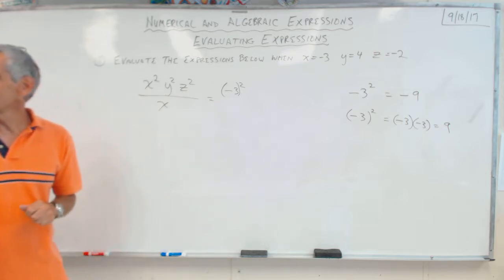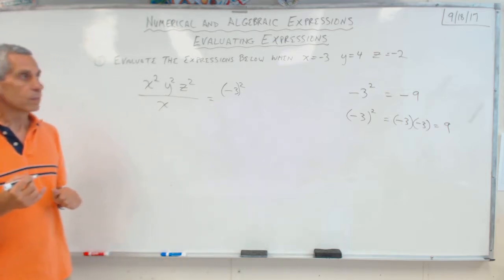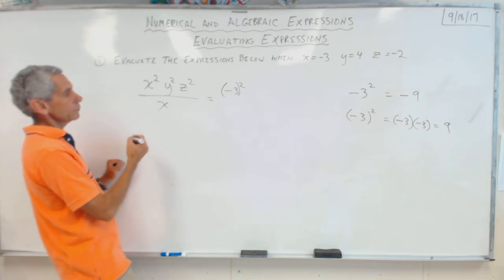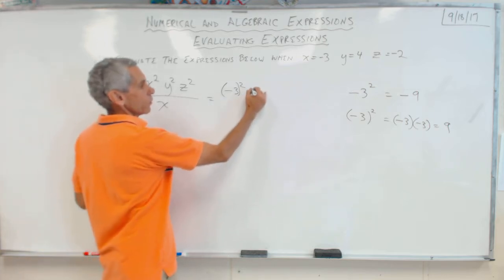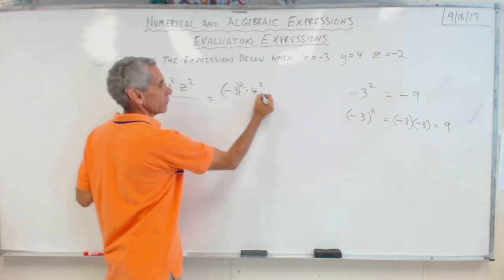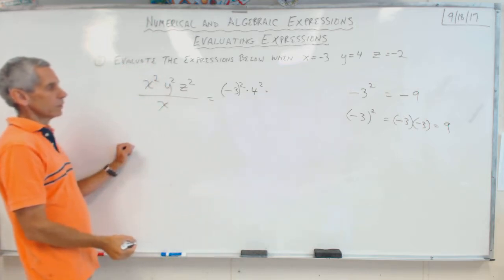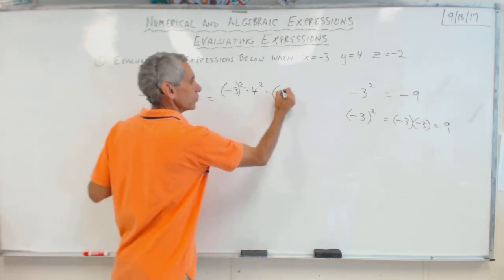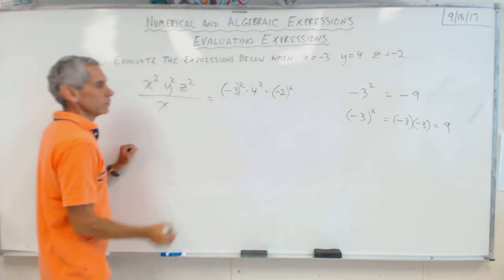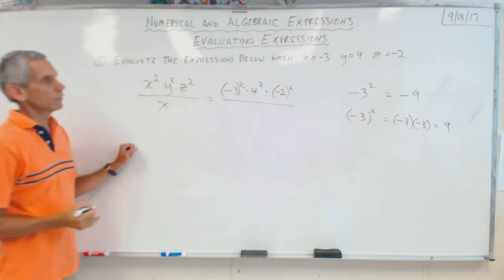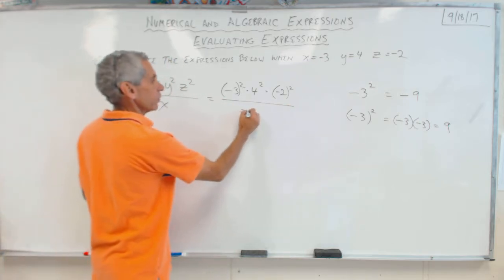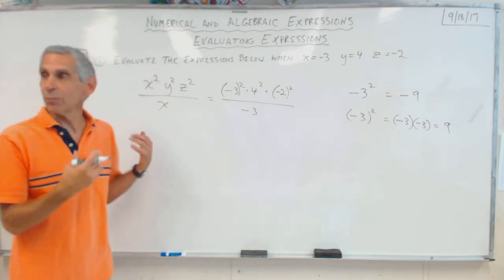So, Jan, I'm sorry, you were working on it. Yeah, and then you do 4 squared. 4 squared, 16, and then you do -2 squared. And then you can put it over -3. Okay. So now we got to simplify this, right?